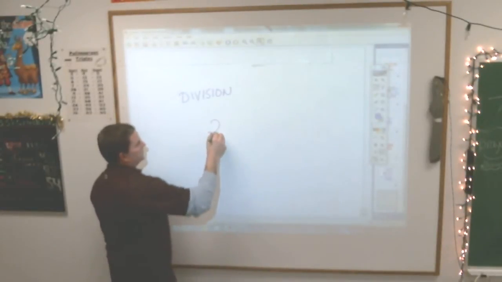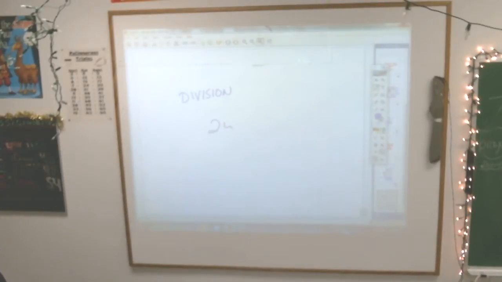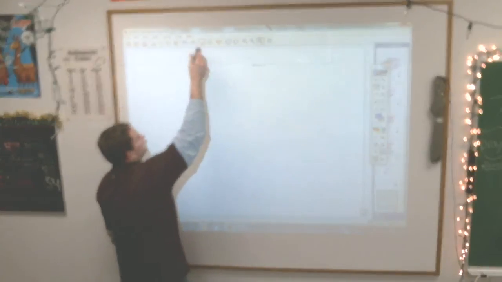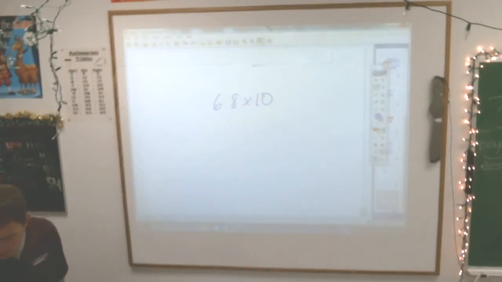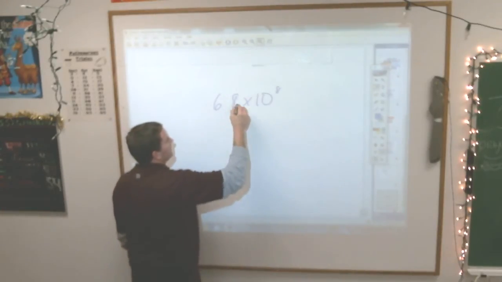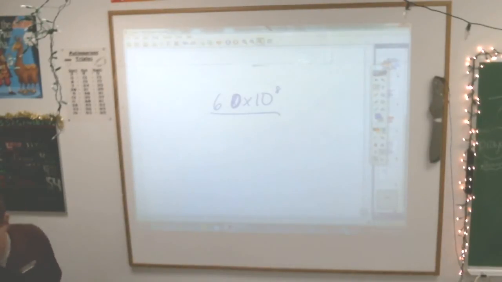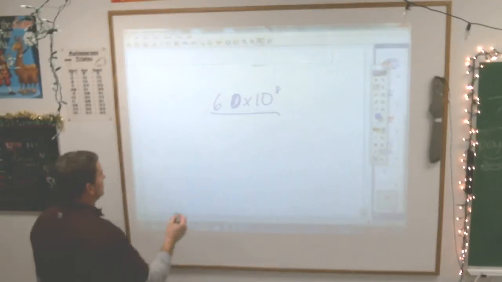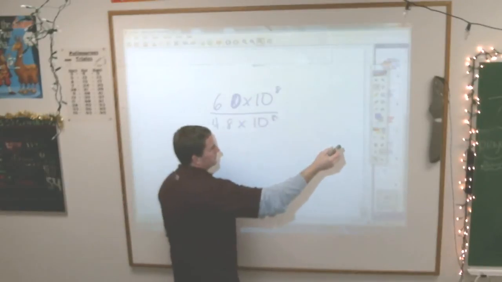Let me get one out of the book so I don't give you something like this. 6.0 times 10 to the 8th power over 4.0 times 10 to the 8th power. Let's go with that.